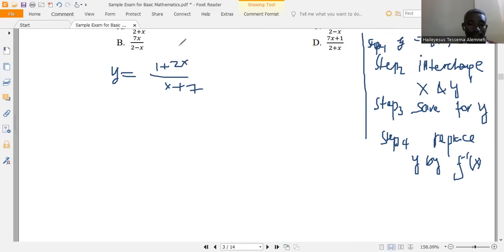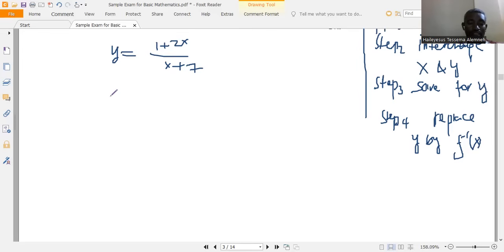We use this procedure to find the inverse function. So first we represent y is equal to 1 plus 2x over x plus 7. Next step, we interchange x and y: x is equal to 1 plus 2y over y plus 7.